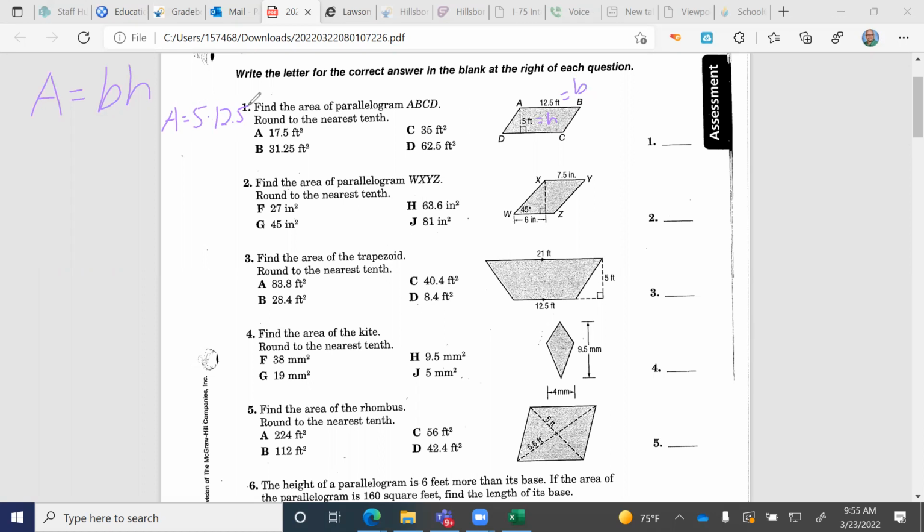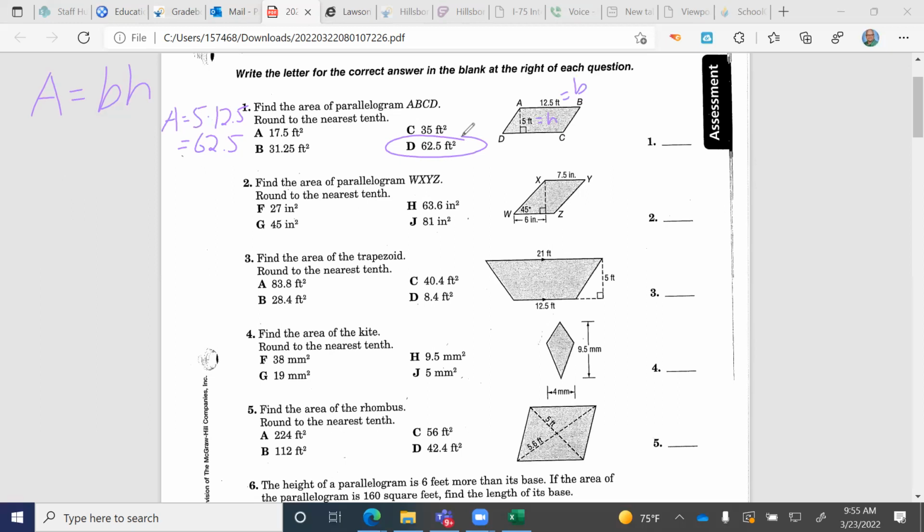We're multiplying those two values together, and we get 62.5. This is area, and you'll notice all the answers in the section include units squared, because every single time we do area, we should have units squared. It's a two-dimensional measurement, so it should be in square units.